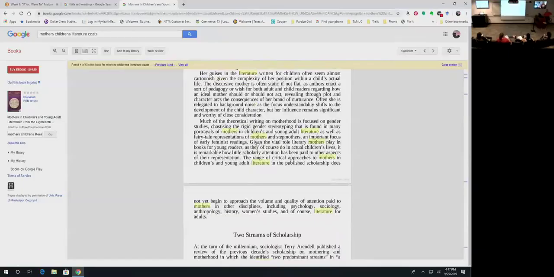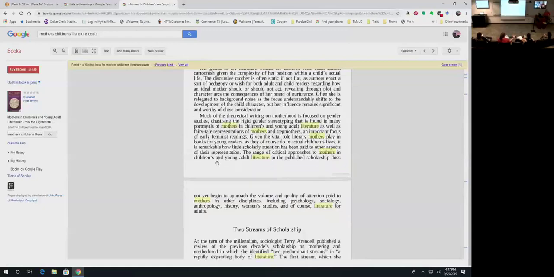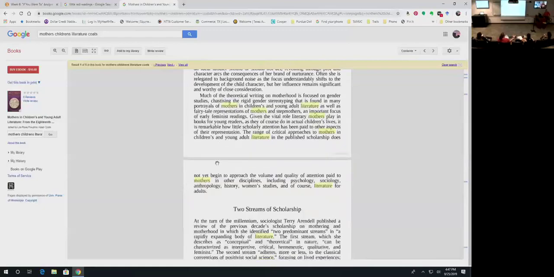Given the vital role literary mothers play in books for young readers, as they of course do in actual lives, it is remarkable how little scholarly attention has been paid to other aspects of their representation. The range of critical approaches to mothers in children's and young adult literature does not yet begin to approach the volume and quality of attention paid to mothers in other disciplines.